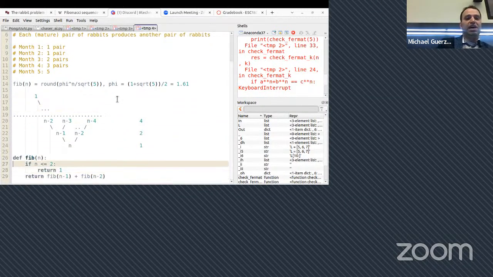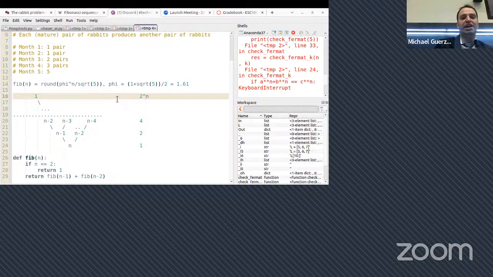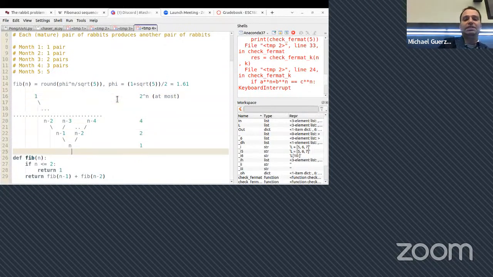So what you can say is that it's going to be at most 2 to the n. The way we did it last time: 2 to the 0, 2 to the 1, 2 to the 2, and so on. So here it's going to be at most 2 to the n, in fact a lot less, because you're going to start running out of calls on the right-hand side, since that branch is shorter.